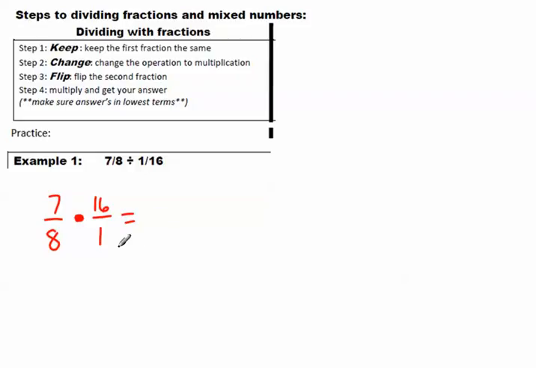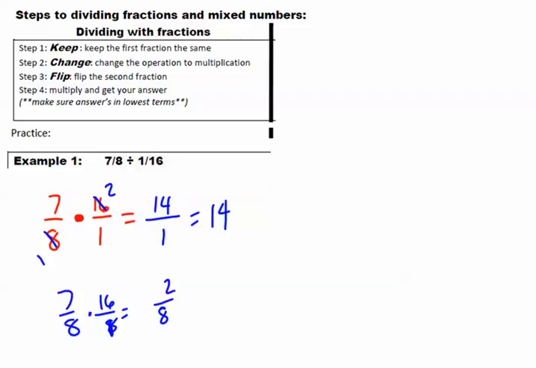So again, I'm going to cancel. If you choose not to, that's fine. So divide by 8, and I get 14 over 1, which equals 14. Now, if you didn't cancel, you would have gotten 112 over 8, then you would have had to divide.